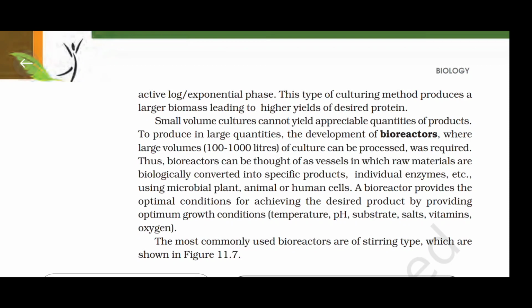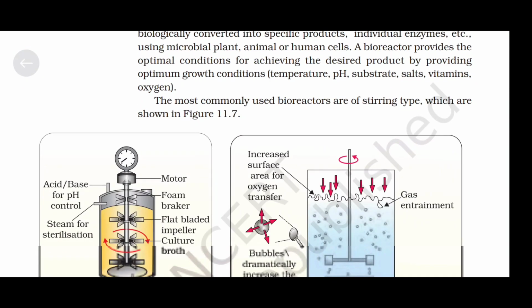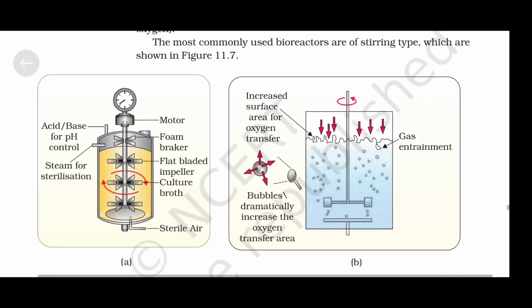A bioreactor provides the optimal condition for achieving the desired product by providing optimum growth conditions: temperature, pH, substrate, salts, vitamins, oxygen, etc. The most commonly used bioreactors are of stirring type, which are shown in figure 11.7.